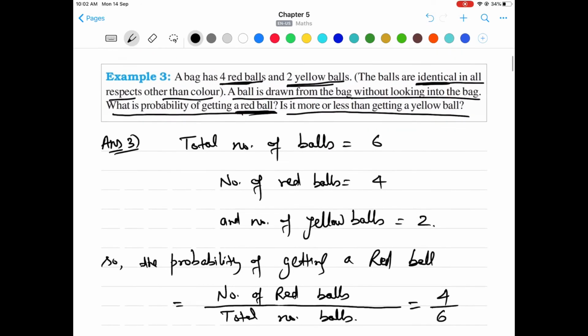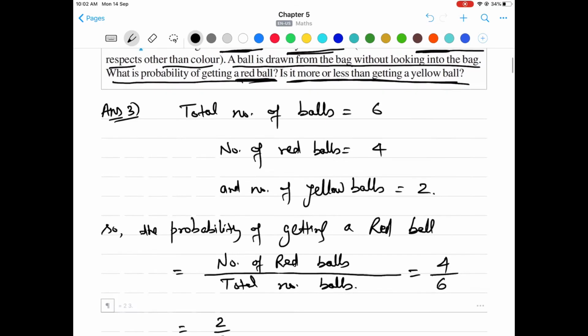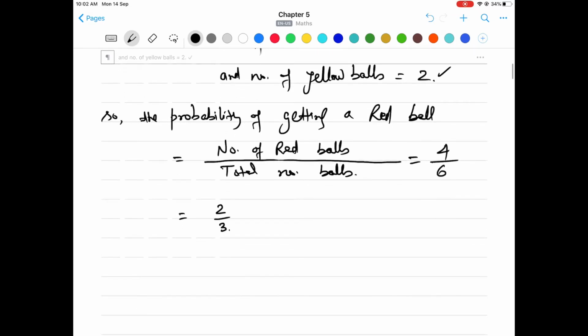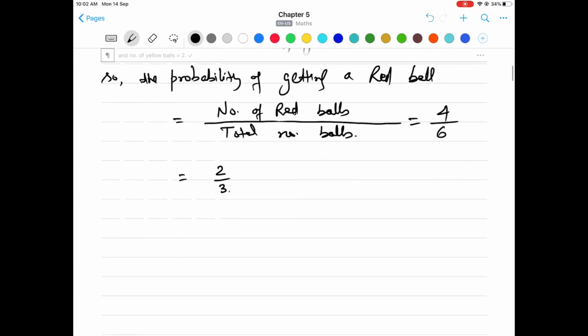Then you are asked, is it more or less than getting a yellow ball? So you can simply see that the number of red balls is more than the number of yellow balls. Therefore the probability of getting a red ball is more than the probability of getting a yellow ball.